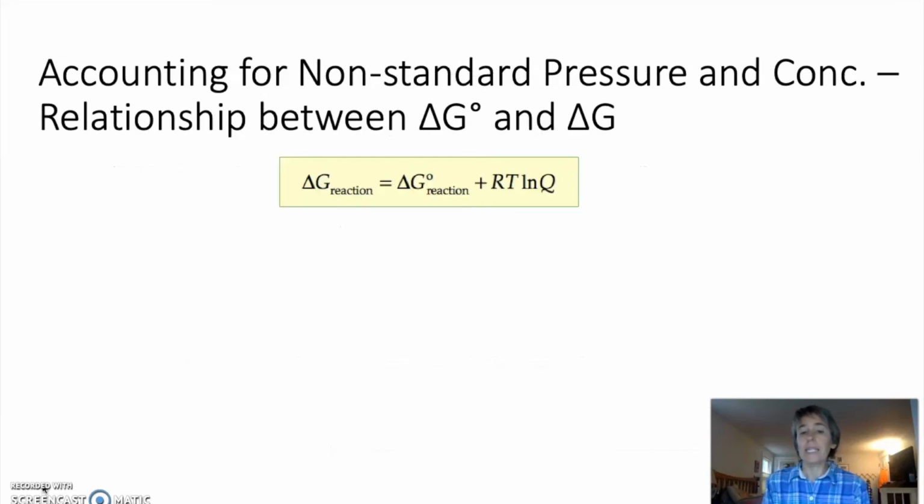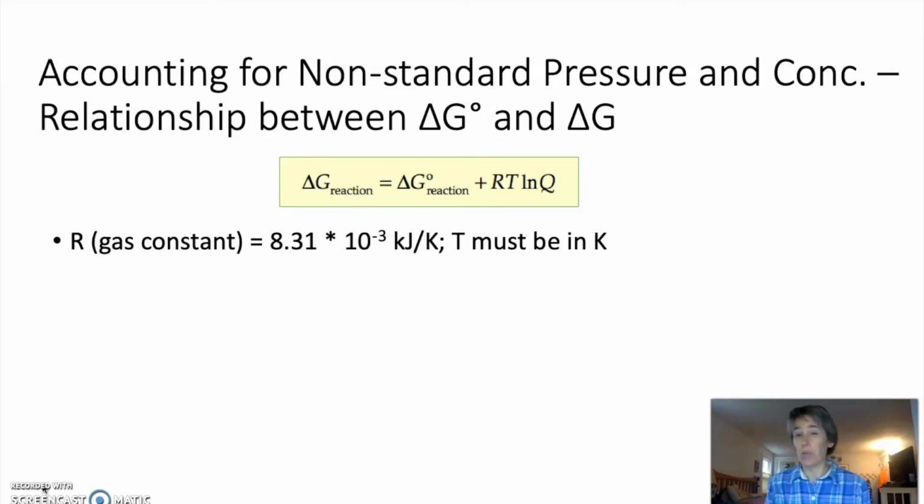There's a really key formula that helps us do this. Delta G, non-standard state free energy, equals standard state free energy plus R times T times the natural log of Q. We'll go over each of these terms. First, R, the gas constant. The value we're going to want to use here is 0.00831 kilojoules per Kelvin.